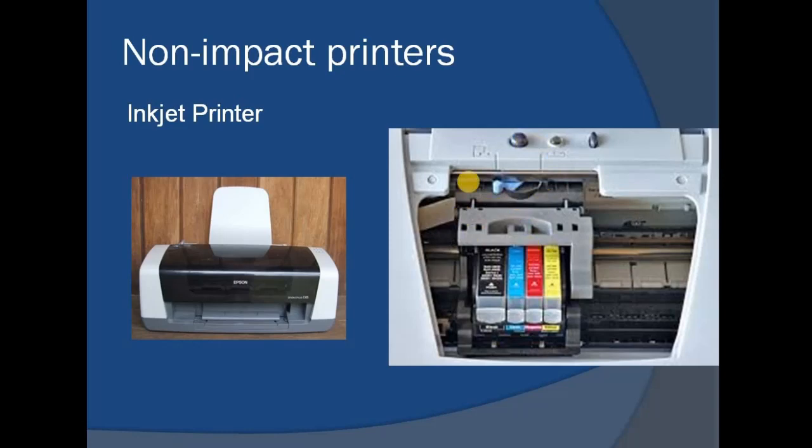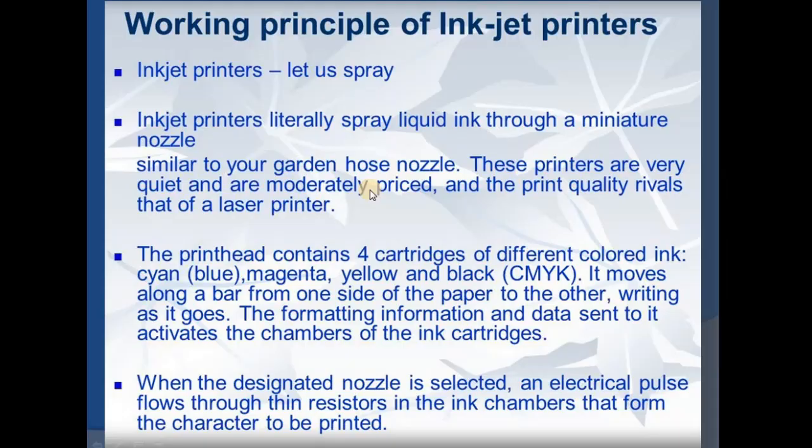The ink present in these cartridges flows through these nozzles, and then the ink is sprayed on the paper, and the characters will be printed. Or, for example, it can print images and so on. Many things can be printed depending on the input that we give.